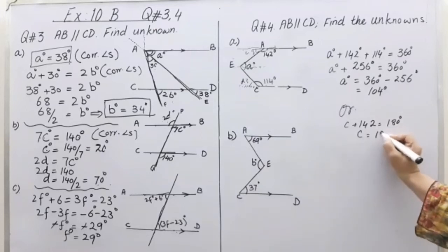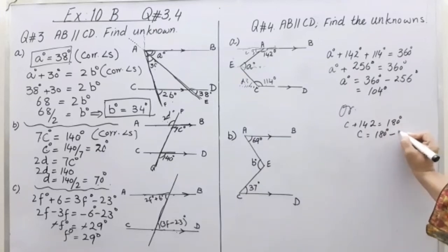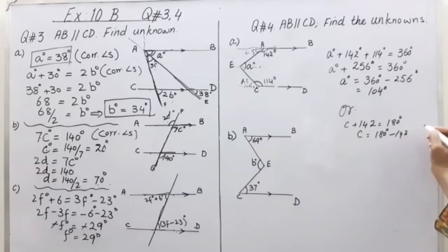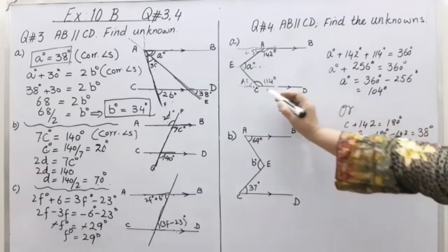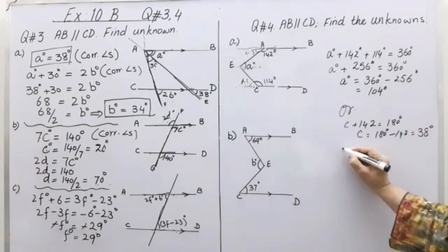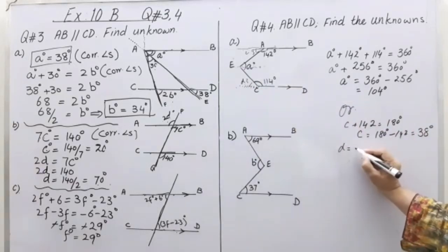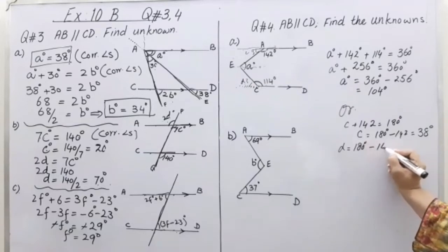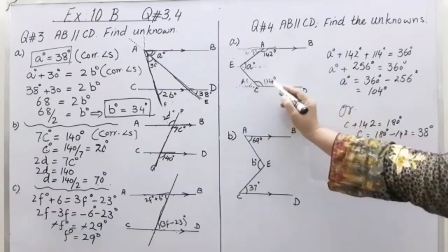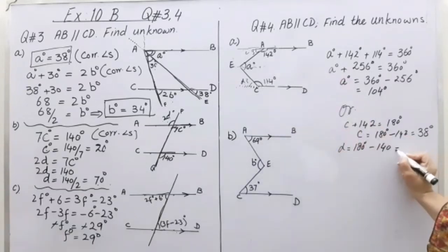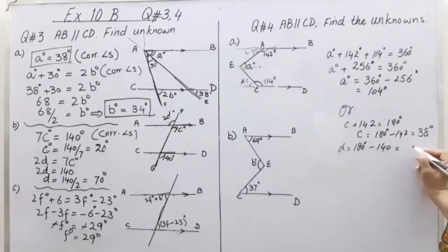C is equal to 180 minus 142, and this is equal to 38. And in the same way D is equal to 180 minus 114, because D plus 114 equal to 180, and this is equal to 66.